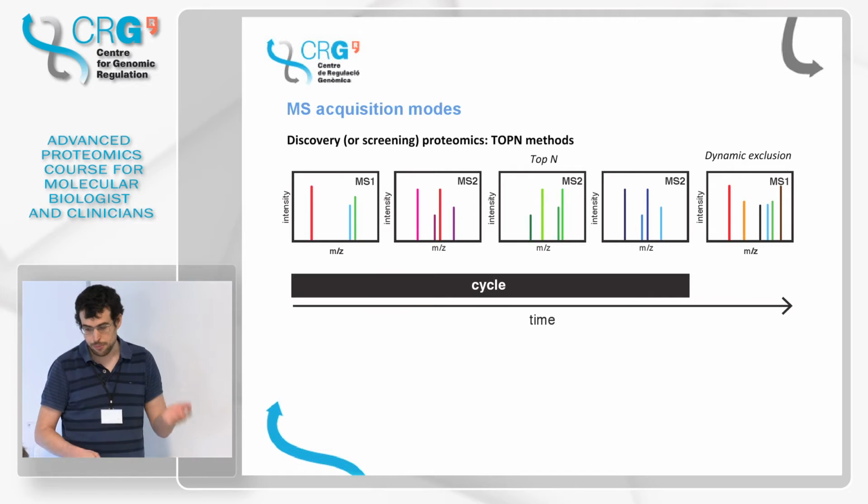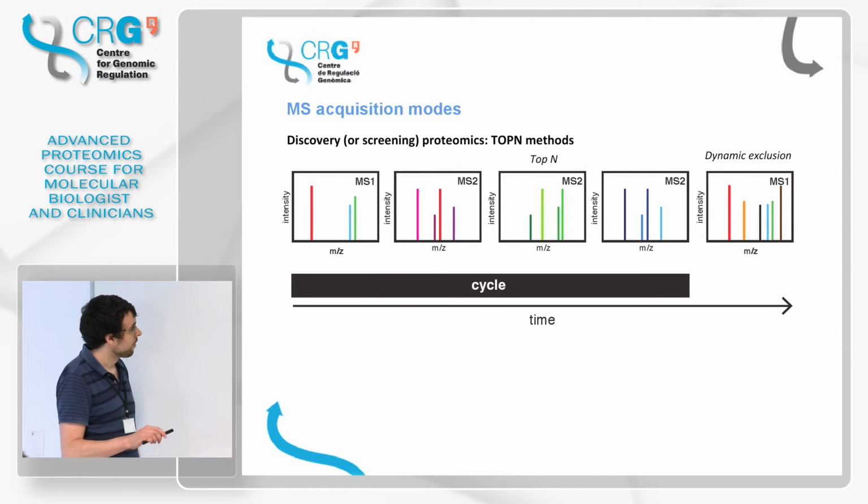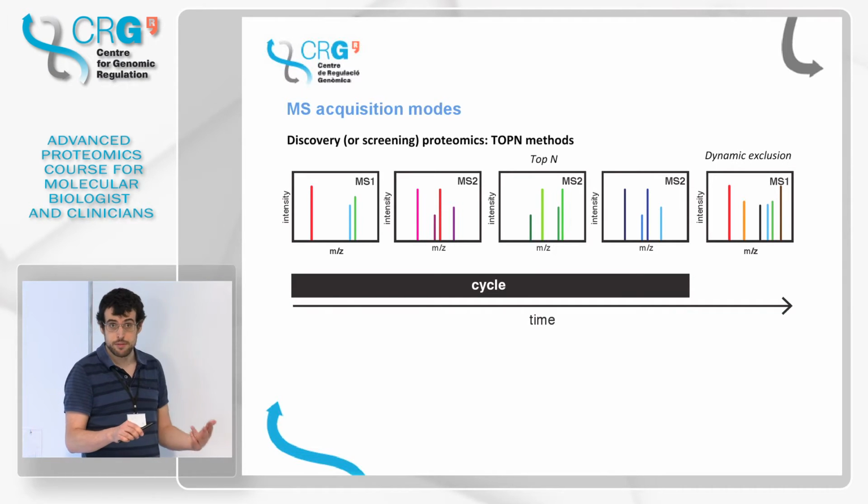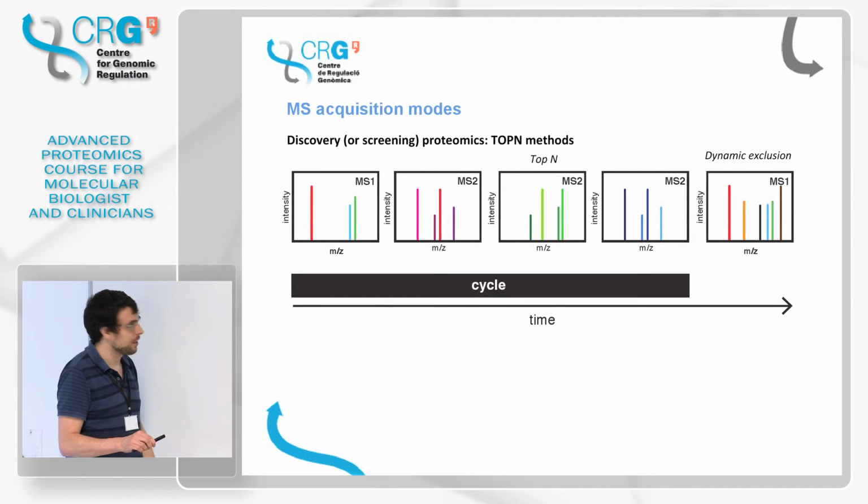Then I can repeat this several times. So the structure would be 1 MS1, then a top N, in this case a top 3, because top 3 means that I'm selecting the 3 most intense ions to be fragmented to get sequence information. This could be top 5, top 20, top whatever, but in this particular schema, it's top 3.